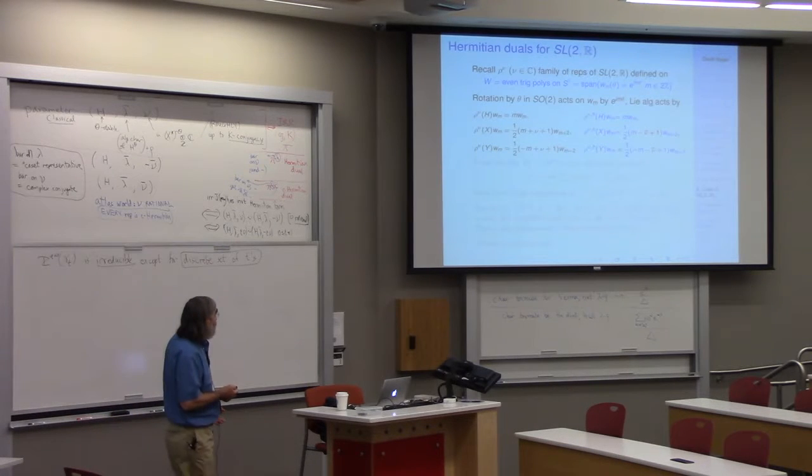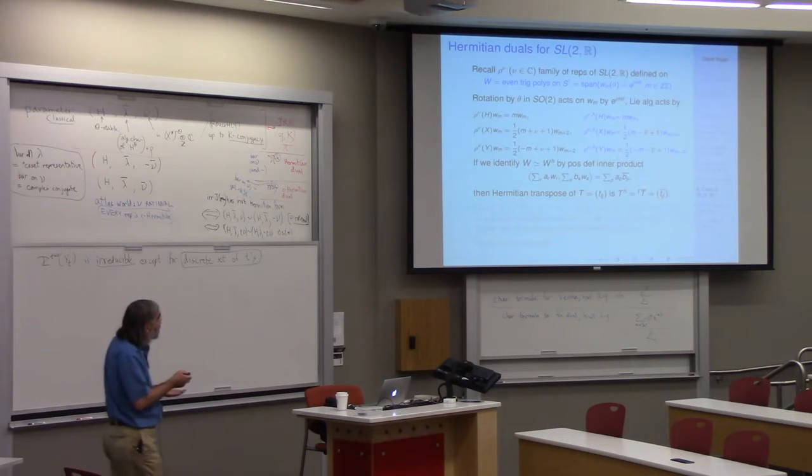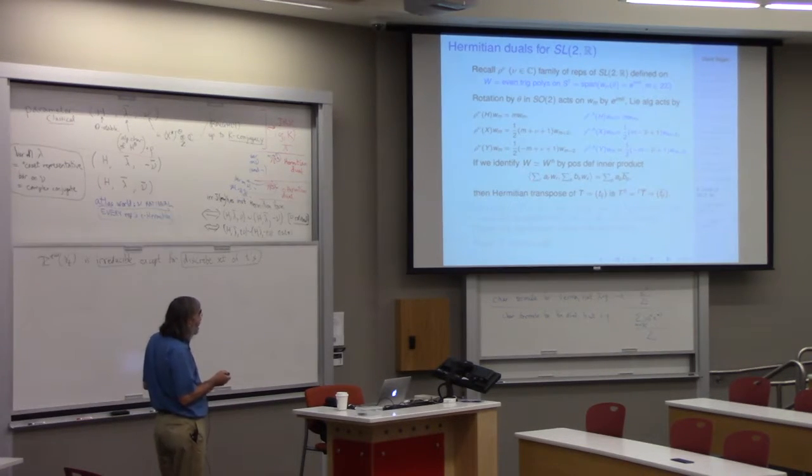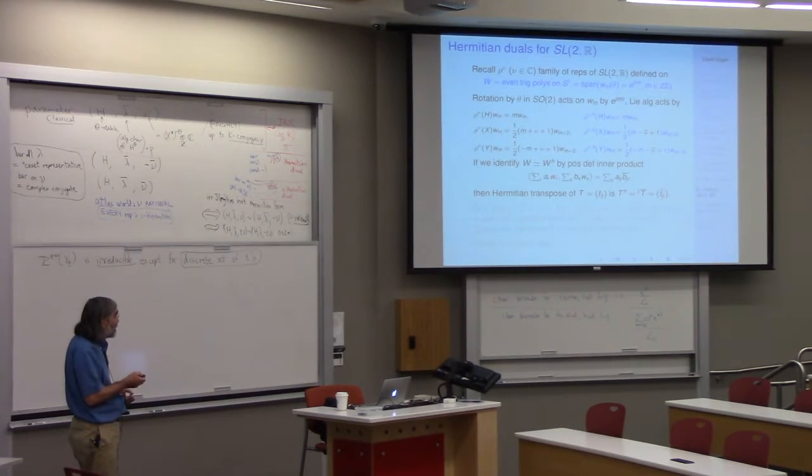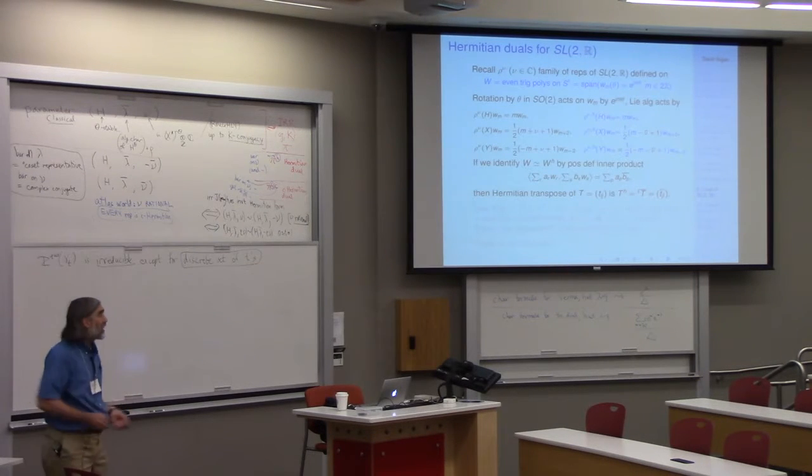So this is trigonometric polynomials on the circle. That space can be identified with its Hermitian dual, well, with its rotation finite Hermitian dual, using the L2 inner product on the circle. These e to the i m thetas are an orthogonal basis.